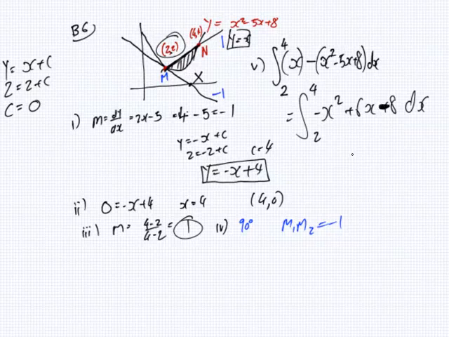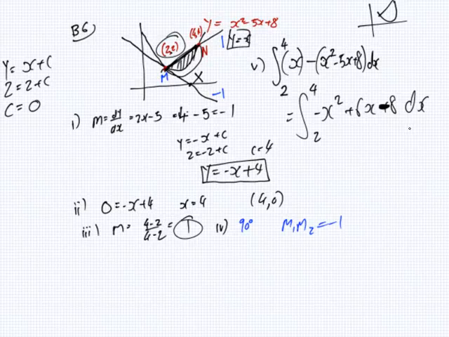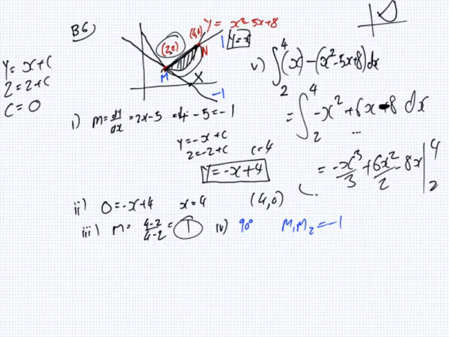Okay. Yeah, do you remember? It's whatever's on the top minus whatever's on the bottom. So this one is above the quadratic then. Do you need me to finish this, or is this far enough? x cubed over 3 plus 6x squared over 2 minus 8x, from 2 to 4.